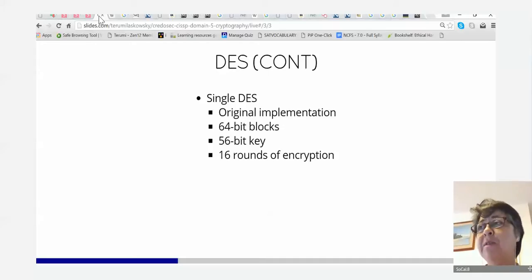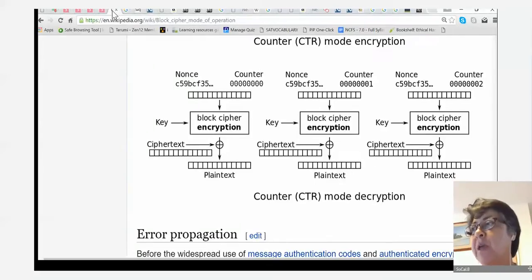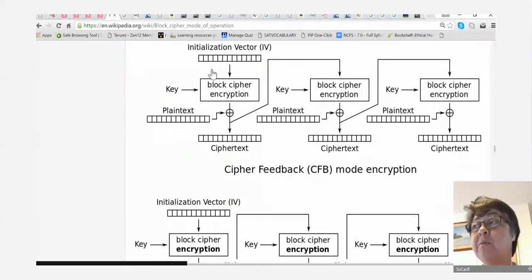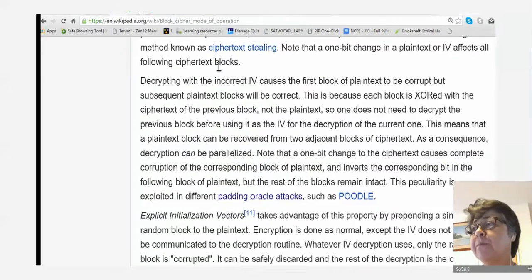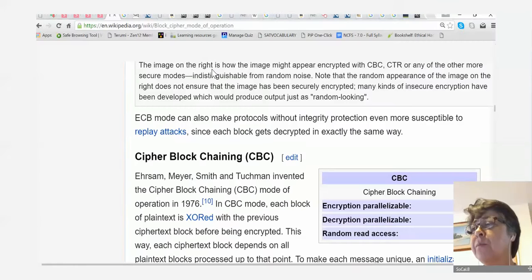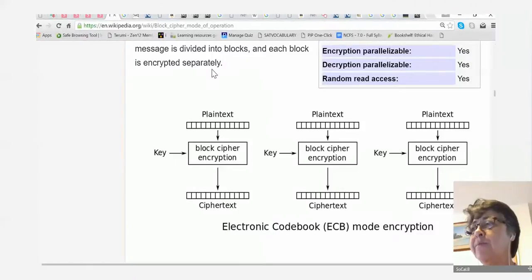So what that means is this. When we say 16 rounds, we'll take the simplest one, the ECB, because DES could be in any of 5 modes. So here's ECB, okay?